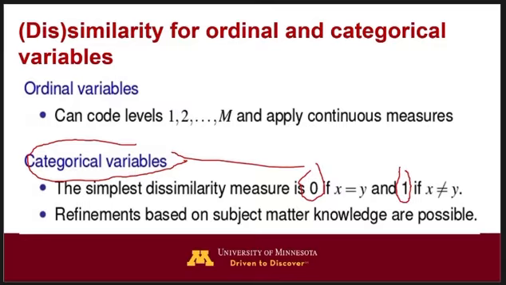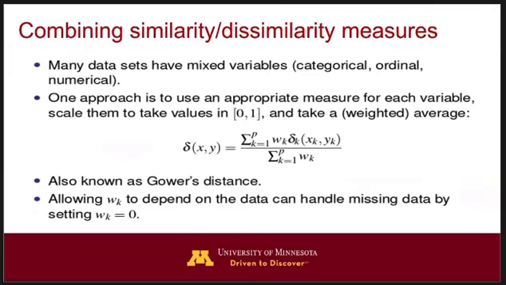Okay, I'm moving on. Now take a look at this. This is combining similarity. Let's say, for instance, we have different kinds of similarity measures. We can combine them, because at times a particular similarity measure may not do a great job until we combine it with another similarity measure. And a particular dissimilarity measure may not do a great job on its own until it is combined with another dissimilarity measure. That is what I'm trying to say here.